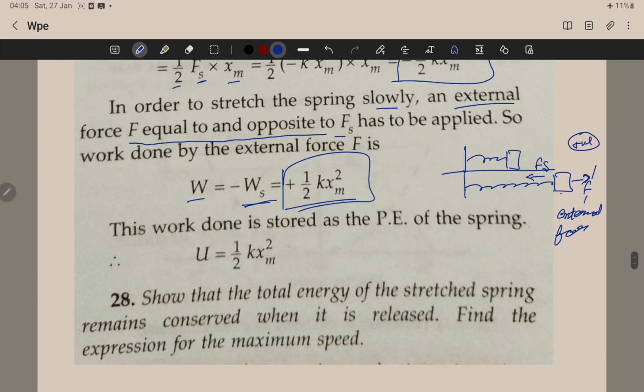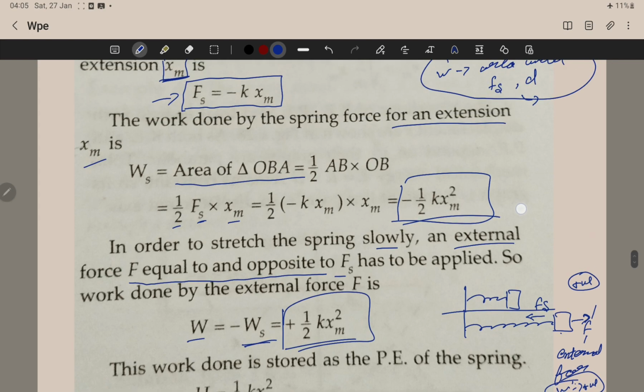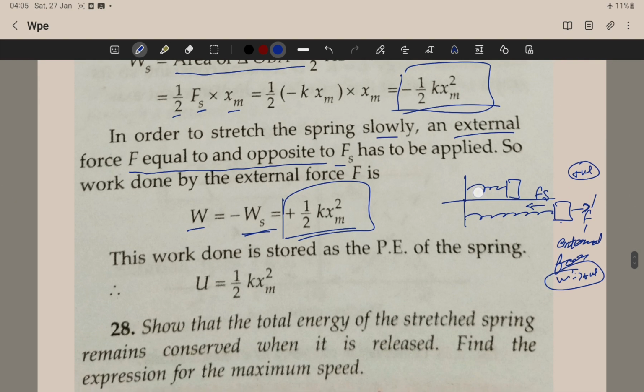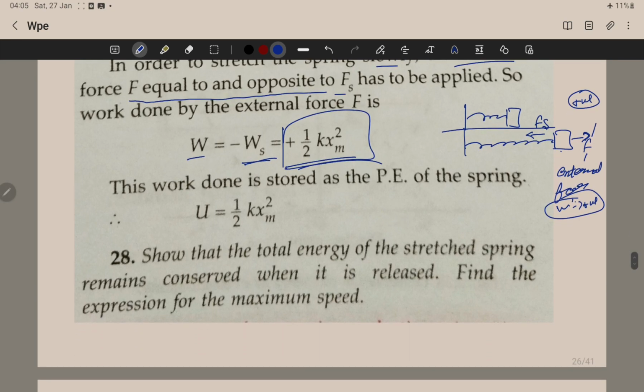So work done due to the external force is positive, and work done due to the spring force is negative, as you can see here for an extension.